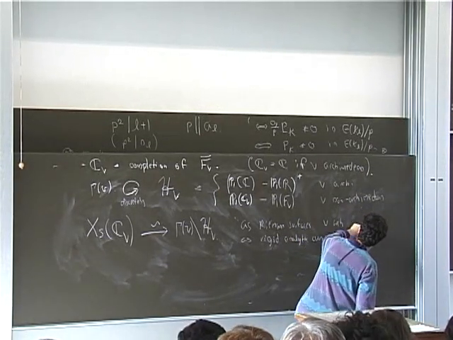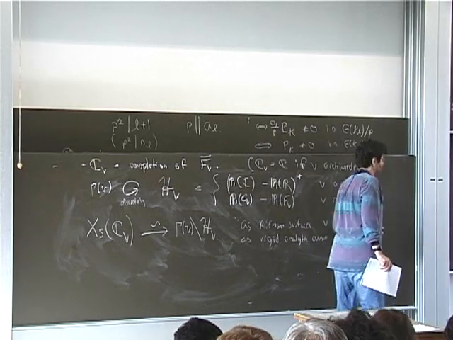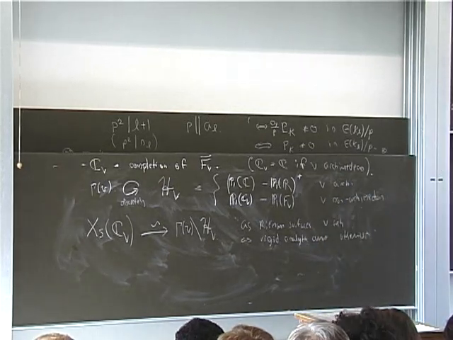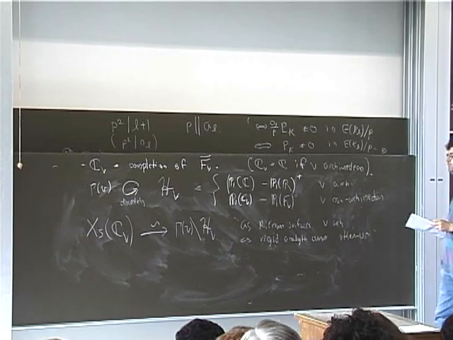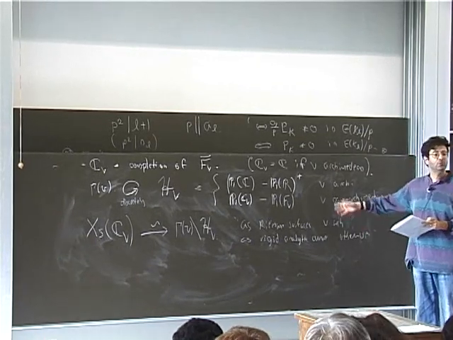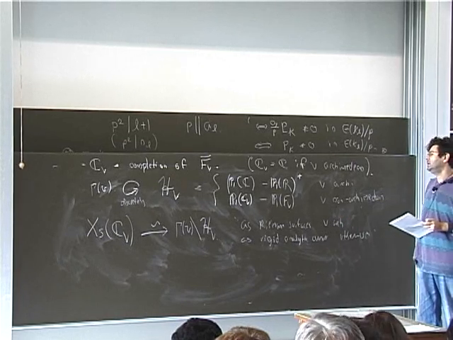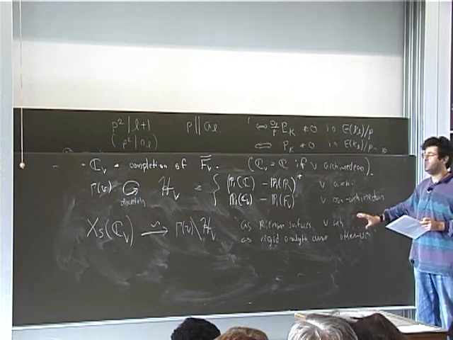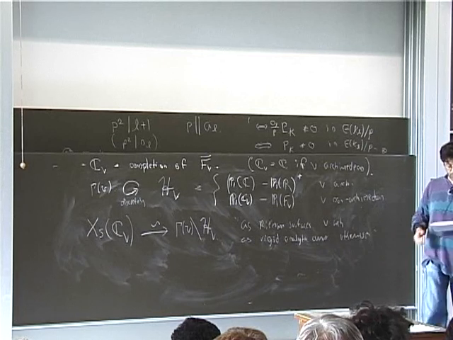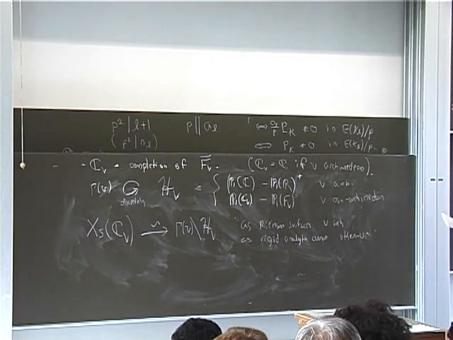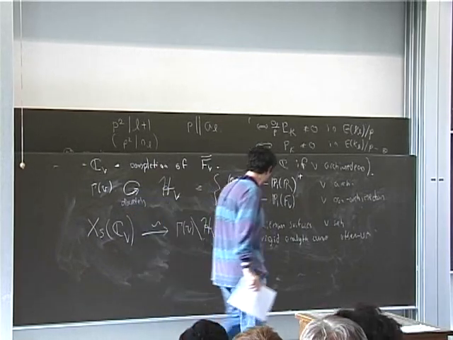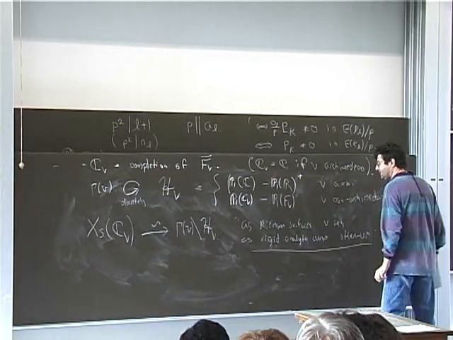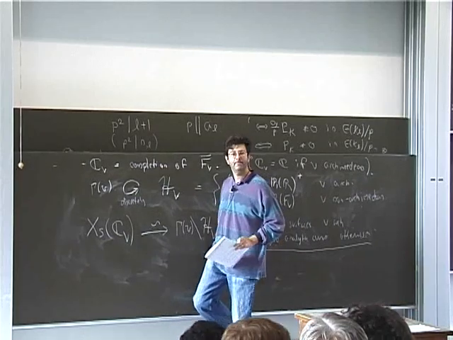For those of you who haven't seen rigid analysis before, don't worry, I'm going to say a few words about that shortly. I'll develop enough, which is not much, that we need to understand p-adic uniformization of Shimura curves and the talk this afternoon by Matt Greenberg. That's the first property. I'll be focusing on this later. This is really the main topic I want to discuss a bit later.